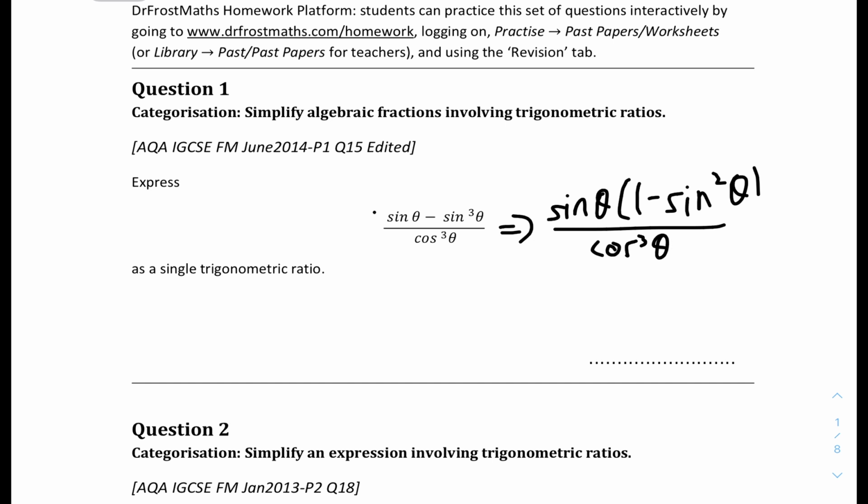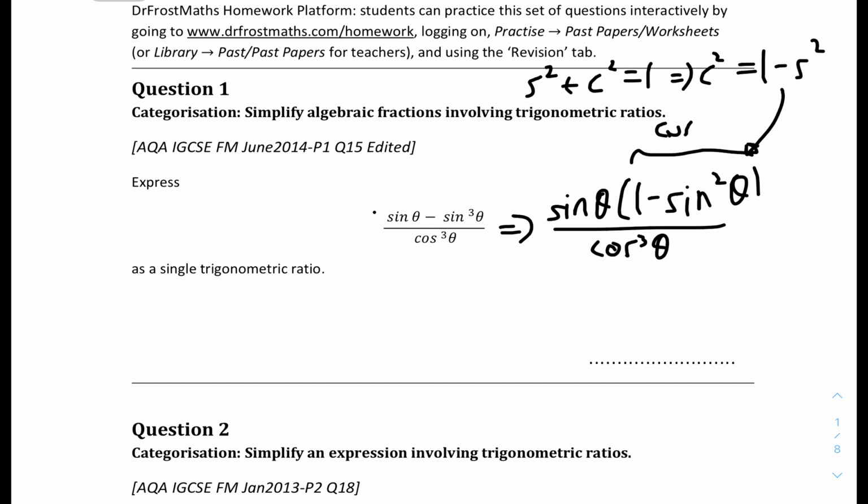Pythagorean identity, where sine squared theta plus cos squared theta equals 1. And if you rearrange it, you get cos squared theta equals 1 minus sine squared theta, which is what we have here. So this is basically cos squared theta.